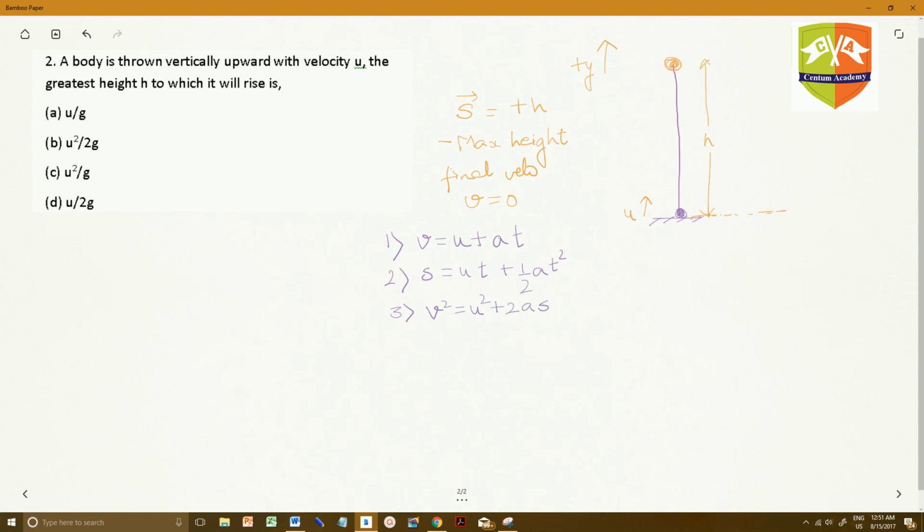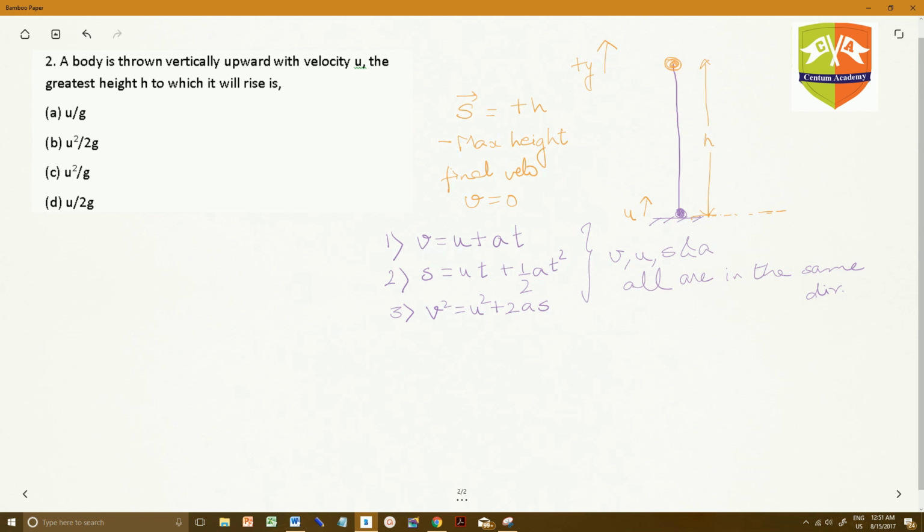In these three equations, the assumption is that v, u, s and a are all in the same direction. If one of them is in the opposite direction, the sign of that quantity will change.